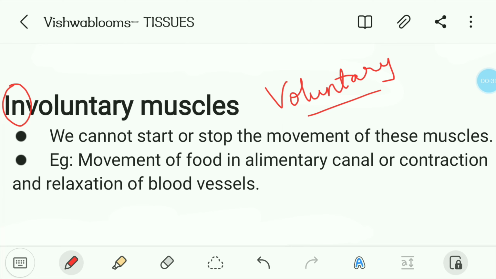For example, the movement of food in the alimentary canal and the contraction and relaxation of blood vessels. Can you stop them? They will keep contracting and relaxing. Even if you tell them to stop, the function will not stop in any way.